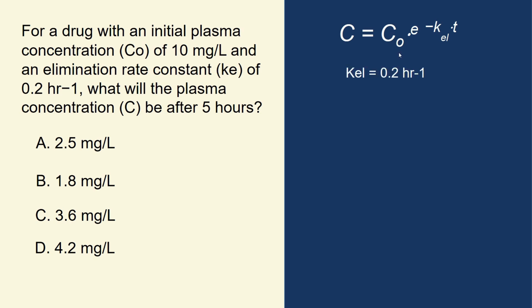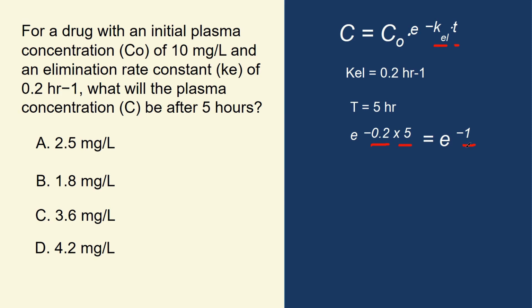All right, here I'd like to give you additional information. K elimination in the question is 0.2 hours inverse, that is given here. And the total time here is 5 hours, meaning this question is asking what the drug concentration will be after 5 hours. Now plug this K elimination and time into the exponent. If you multiply 0.2 by 5, it gives you 1.